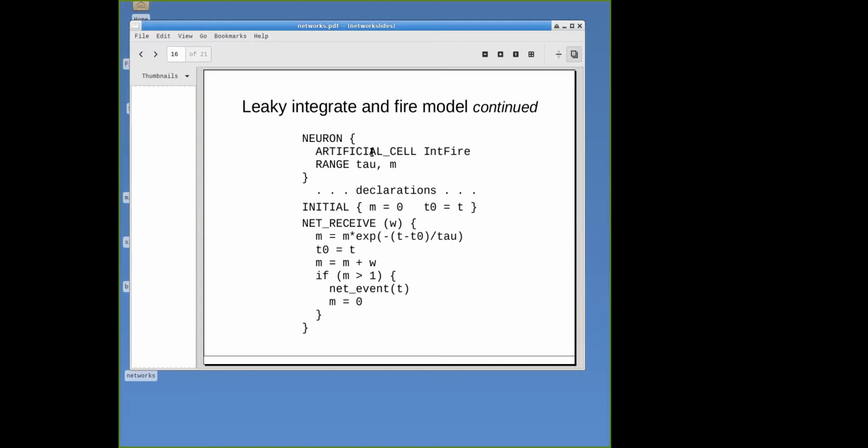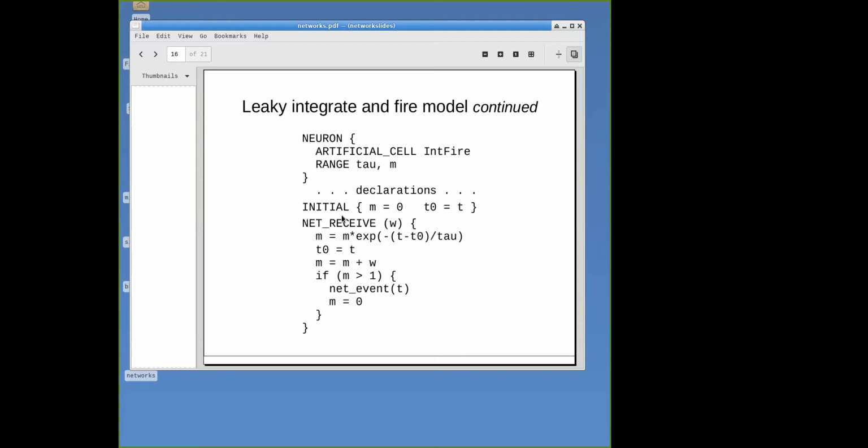The only way to communicate with this thing is to send it events, and the only way it can communicate with the outside world is to send events to the outside world. It has two range variables associated with it. One is tau, one is M. M so that each instance can have its own membrane state. Tau because you might want some instances of this to have a longer time constant or a shorter time constant.